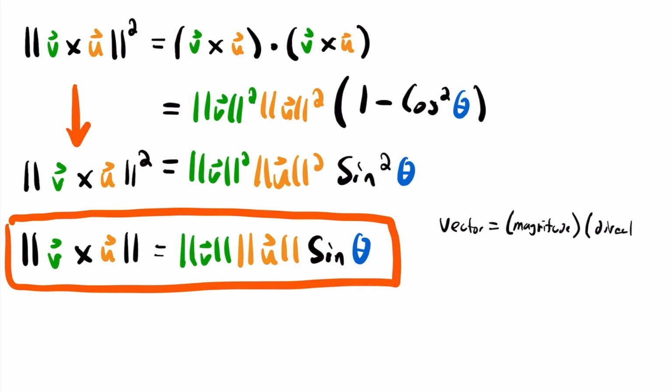multiplying it by its direction. So if we want to find the vector vector v cross vector u, we should take its magnitude and multiply it by the direction, which we would represent with a unit vector. So in this case, we would say that vector v cross vector u would be equal to its magnitude, which we have right here, the magnitude of vector v times the magnitude of vector u times sine theta, and then multiply that by the direction of that vector, which we would represent with some unit vector, vector u.